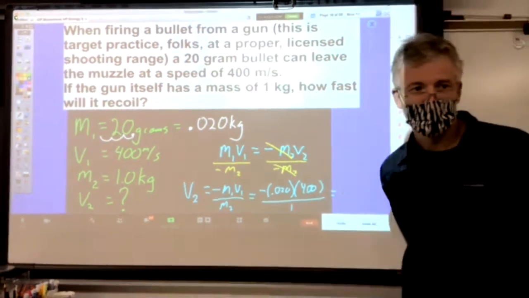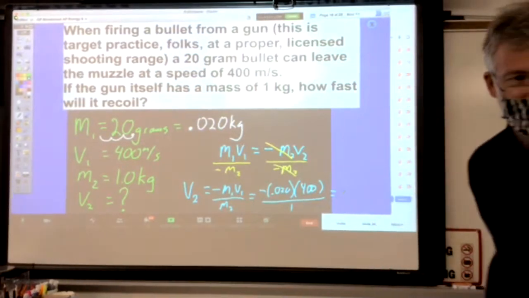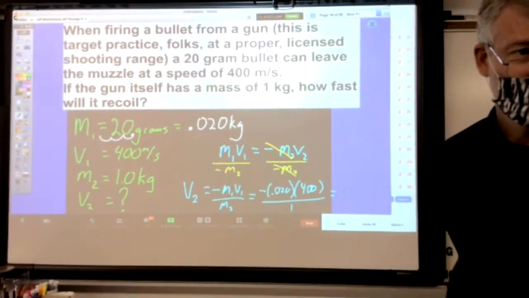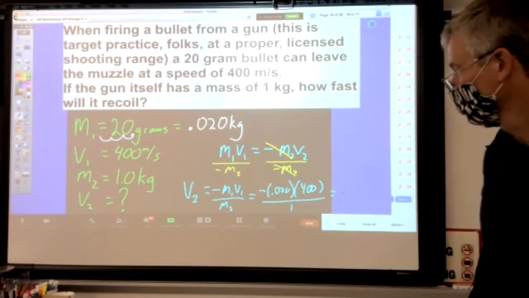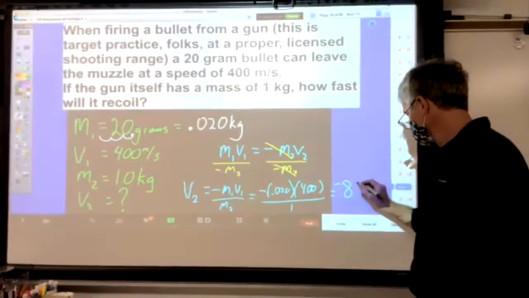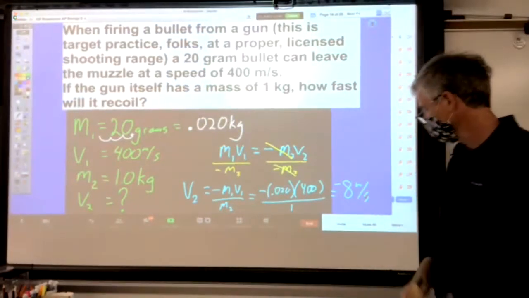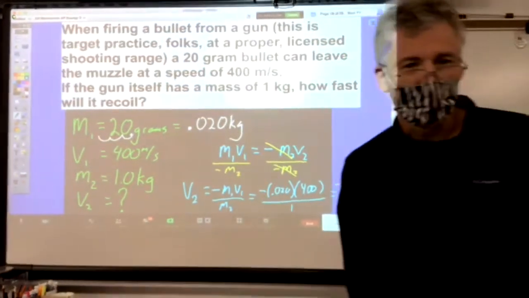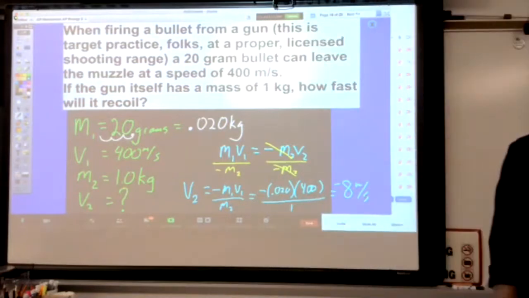Chat the answer, people, after you calculate. 8, right? Negative 8 meters per second. Negative indicating it's going in the other direction.